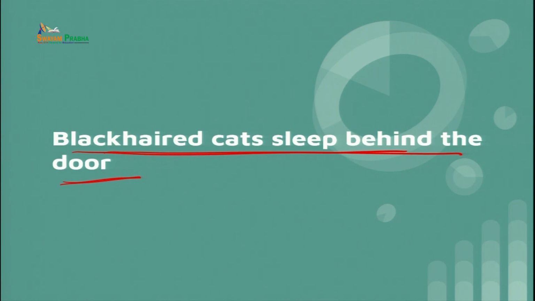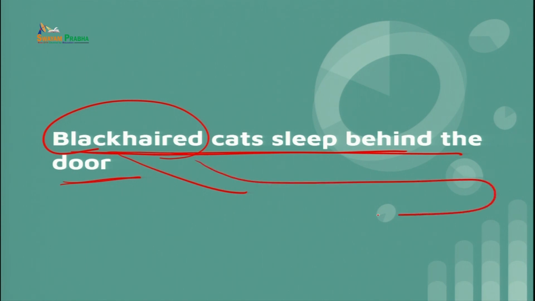But when these parts of speech are combined, what mental representation do you form? Have you seen the black haired cats? When you read black haired cats, you think of a cat which is black haired, right? And you form a mental representation that takes you to the entire meaning.